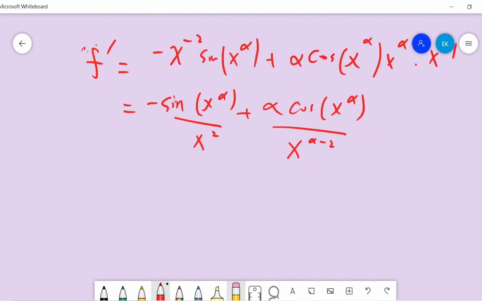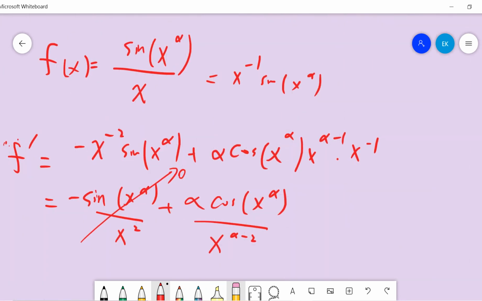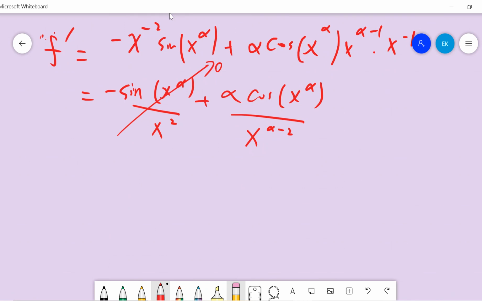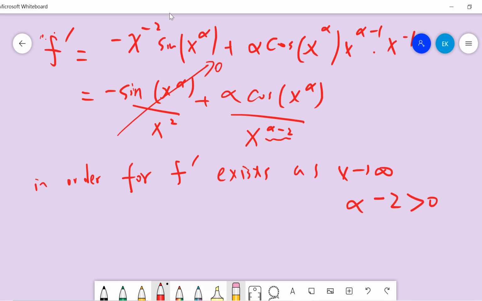So this tells you that when x approaches infinity, this term must go to 0, and this term must also go to 0. In order for f prime to exist as x approaches infinity, we need 2 minus alpha to be larger than 0.